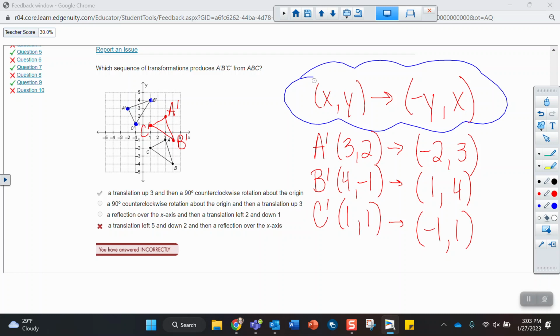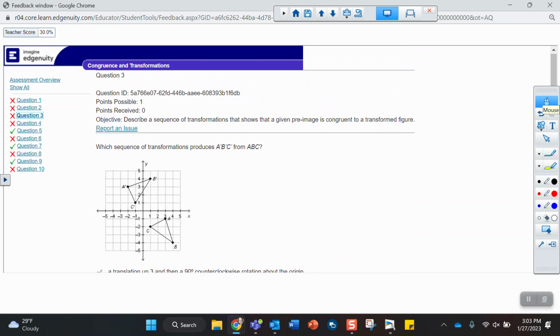I'd also hope that you'd written some of that down, because I don't even have all of that memorized. So write what I have down in that blue cloud somewhere. Hopefully you have a math notebook or something, you can put that in there. That's 90-degree counterclockwise rotation. All right, let's keep going.